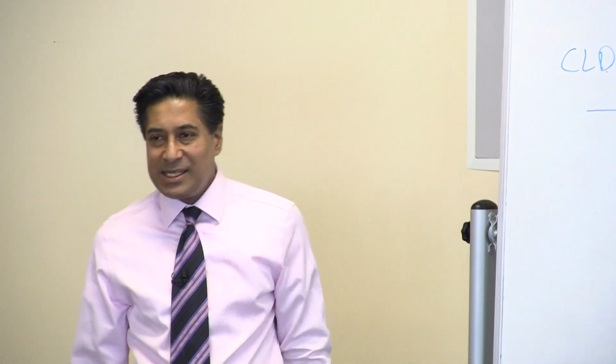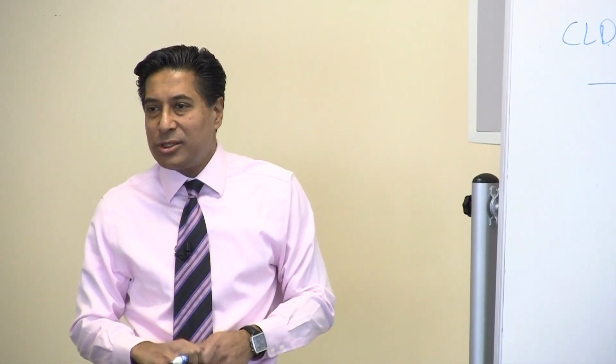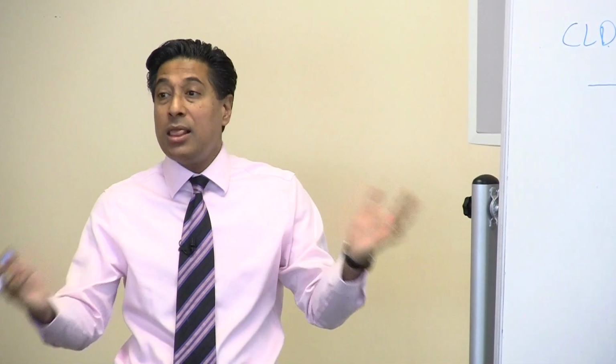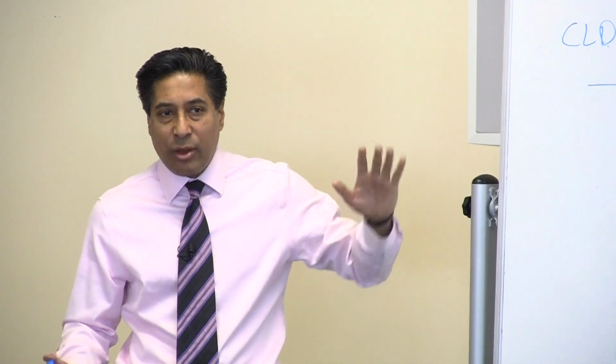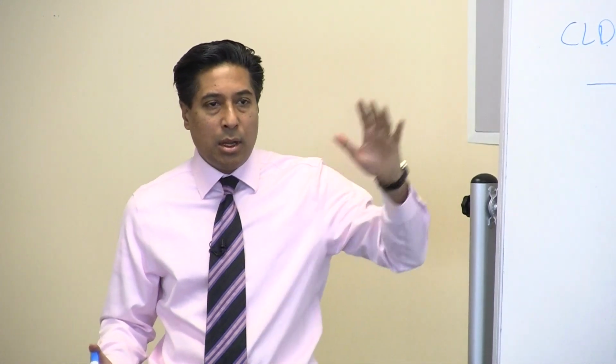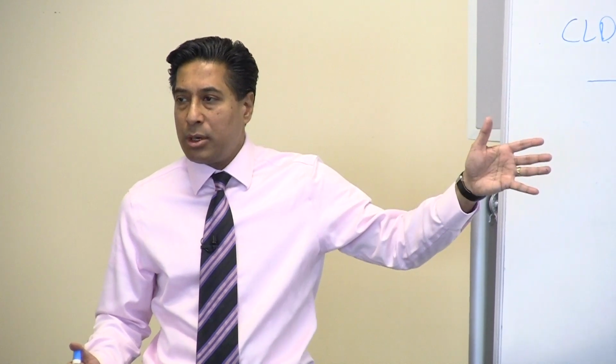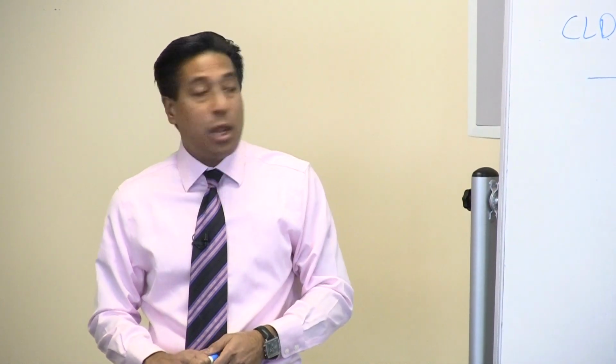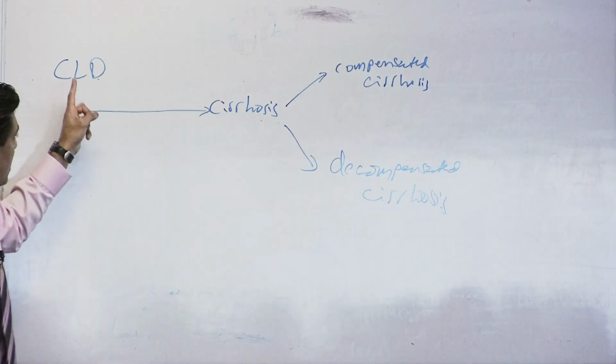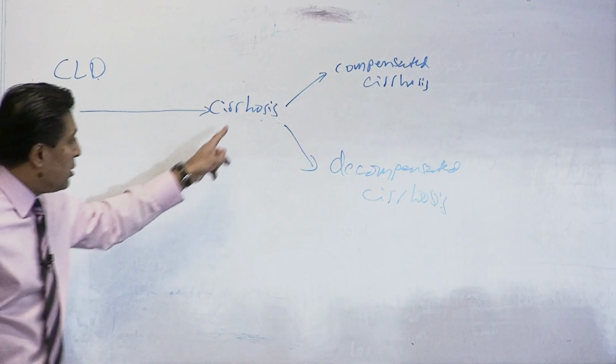This is it. This is what 100-plus years of research in cirrhosis has come to, which is what I love, because you always have to bring the science back to practical conceptual terms that you can actually use to manage people. So you get chronic liver disease, you develop cirrhosis.